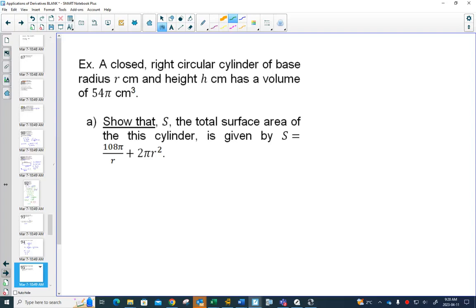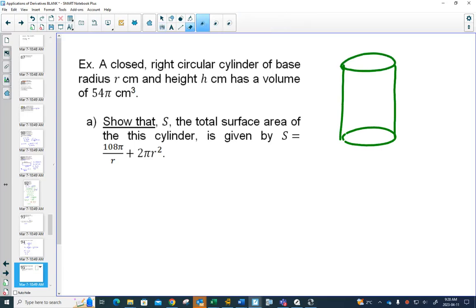So, a closed right circular cylinder. In other words, just a cylinder, but right circular means that the base is a circle instead of being something else, and right means that it goes straight up instead of having a bend.